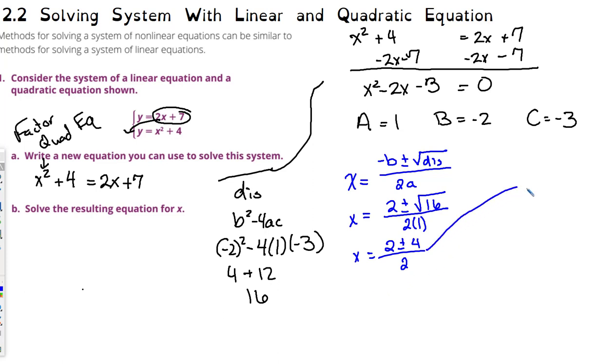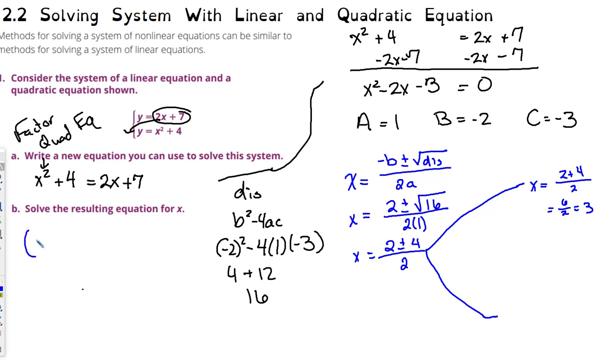Now I can split it into its two parts. And so I'm leaving myself enough room when I do this. We're going to have two different things we have to do. And so we have x equals 2 plus 4 divided by 2, which is 6 divided by 2, which is 3.